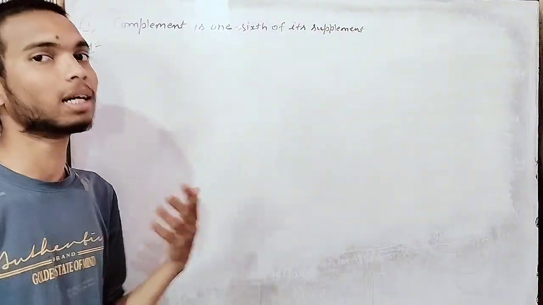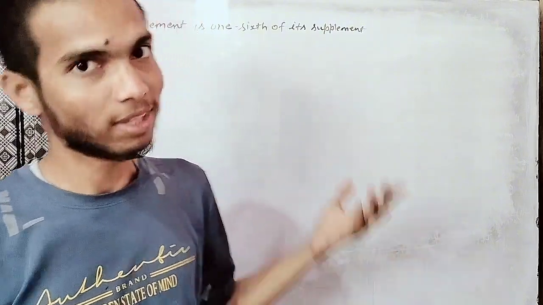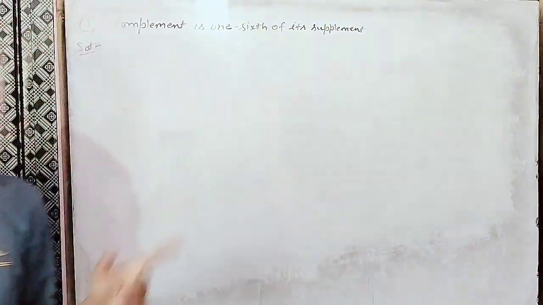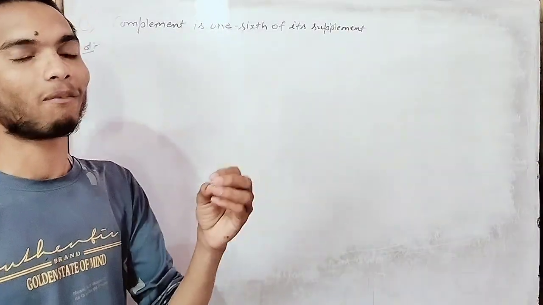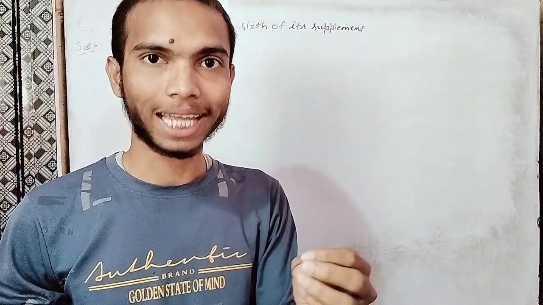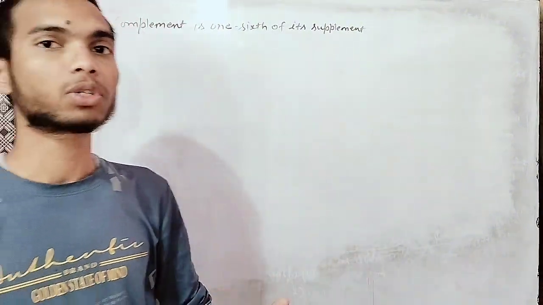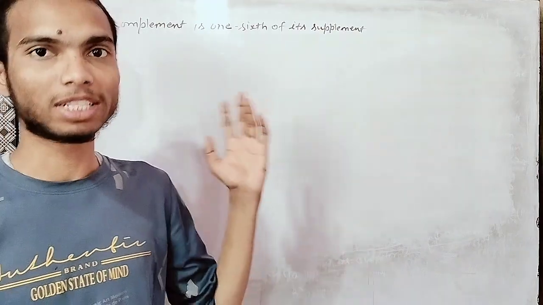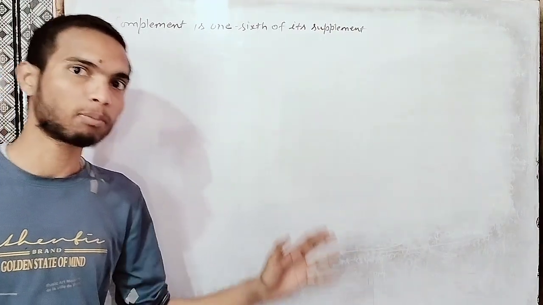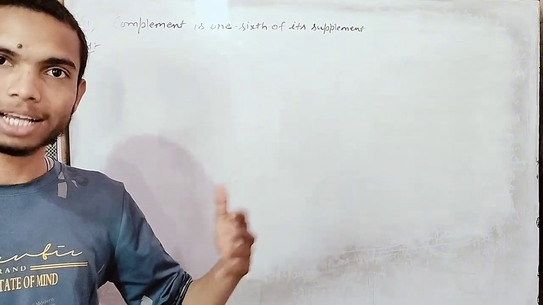We are identifying the exact value of this statement because we don't have the exact value, and the given value of the angle in the statement is not exact. That's why first of all we need to identify the exact value of this statement. This type of statement can come as a question.